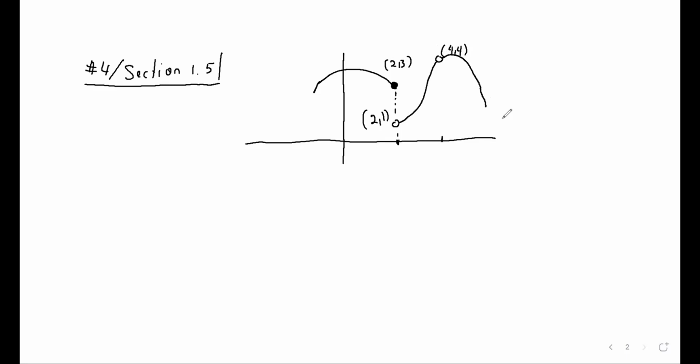All right, and there are a bunch of questions. So this is my graph, this is my function, y equals f of x. And there's a bunch of questions, and we're going to answer those questions right now. The limit as x goes to 2 minus of f of x.